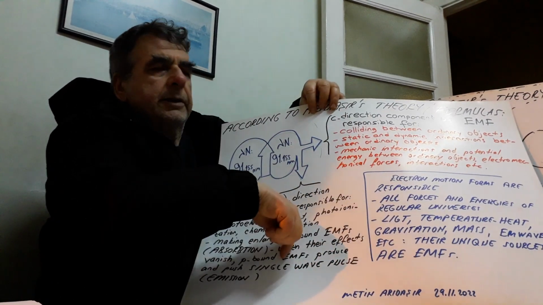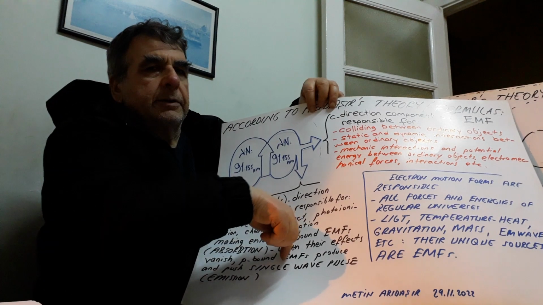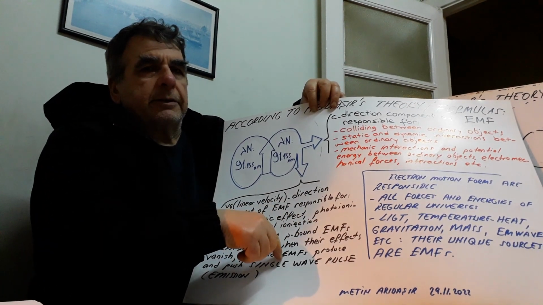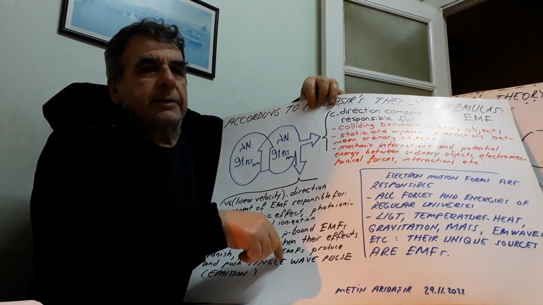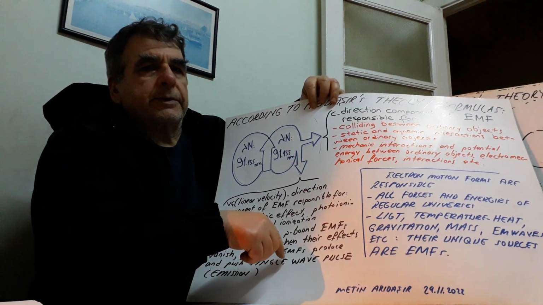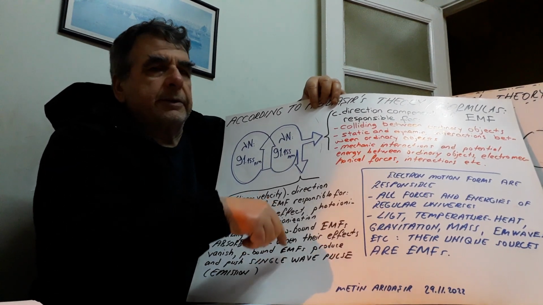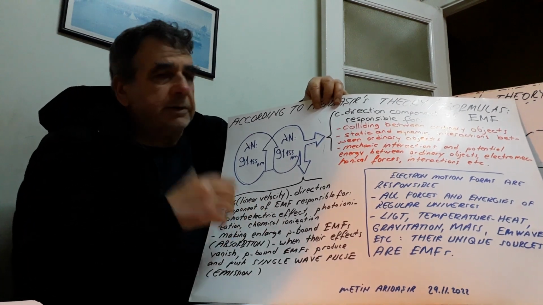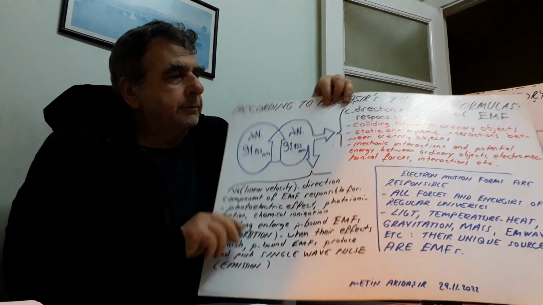Here, linear velocity component at 1,884,000 km per second, 6.28 fold of speed of light, greater than the speed of light. Remember from my former videos.